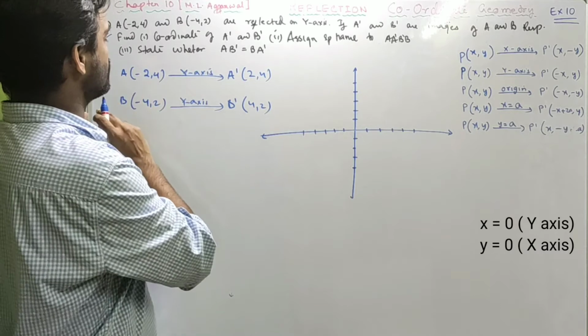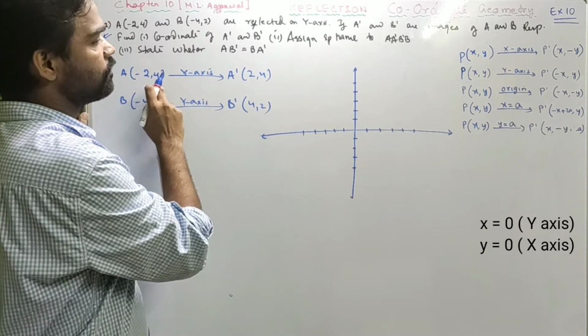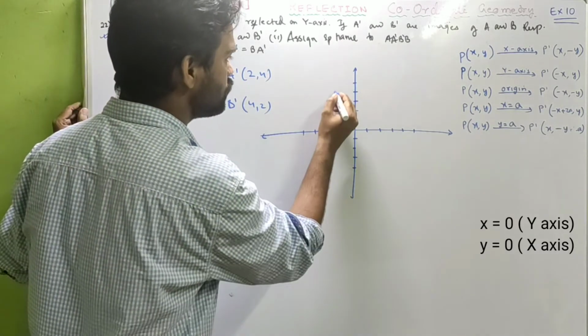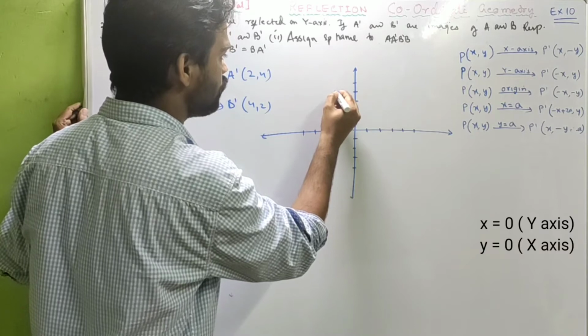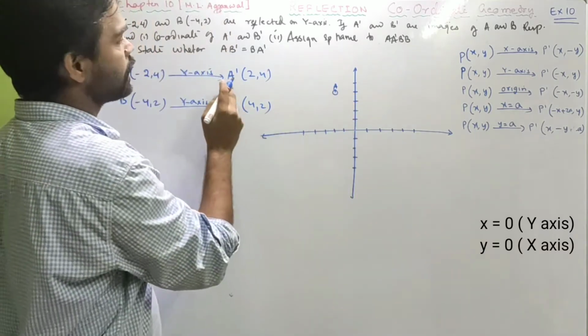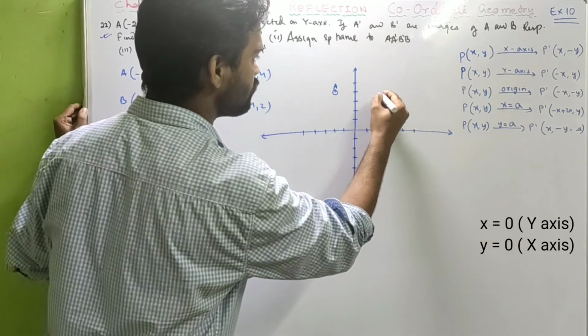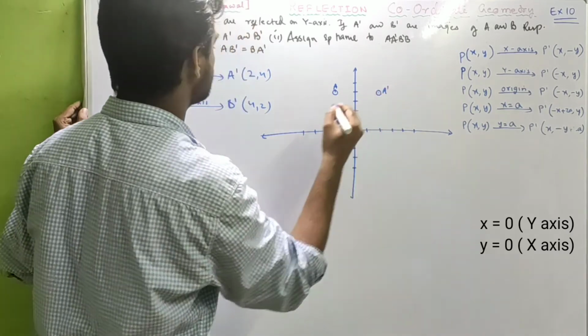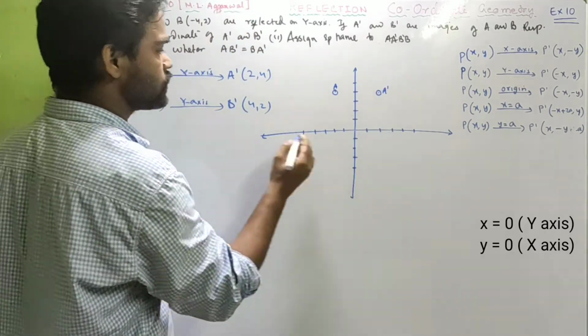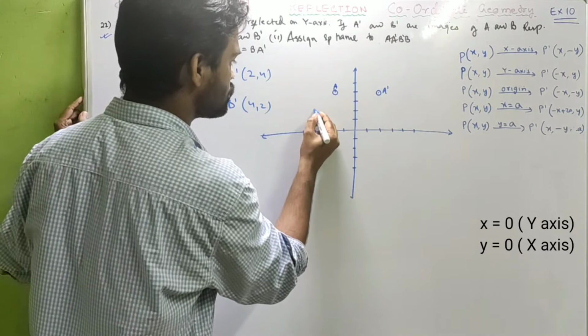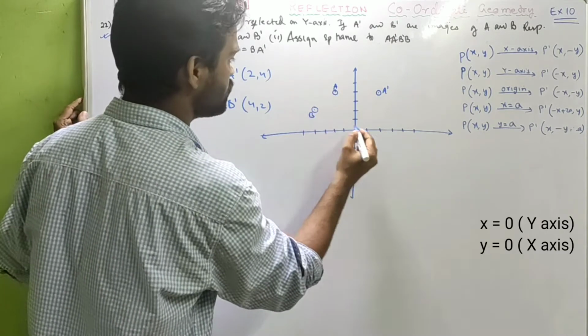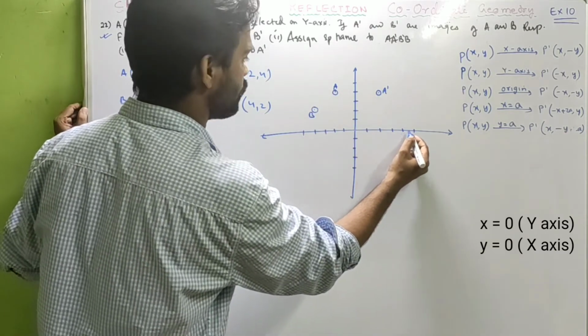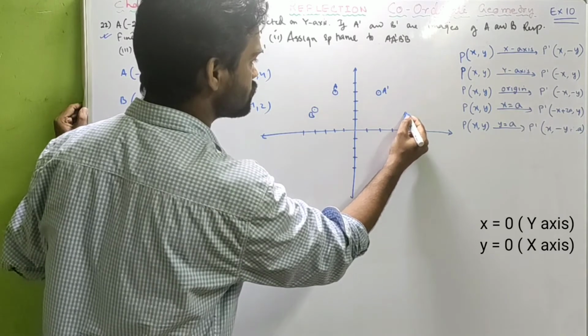First of all, let us plot A minus 2, 4, somewhere over here, isn't it? A dash is 2, 4, somewhere over here, A dash. B is minus 4 comma 2, somewhere over here, B. And B dash is 4 comma 2, so 4 comma 2 is here.